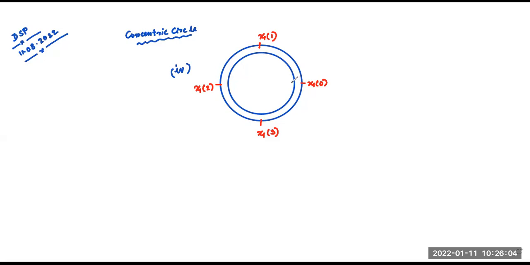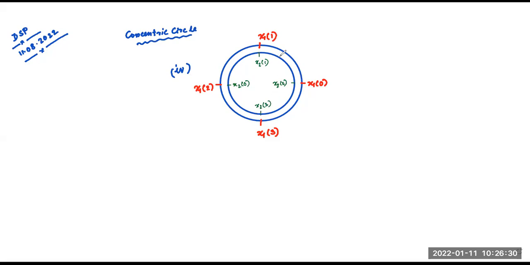This is the position of x22, this is the position of x21, this is the position of x20, and this is the position of x23. This is number 3 position. I am not, this is the number 4 position.